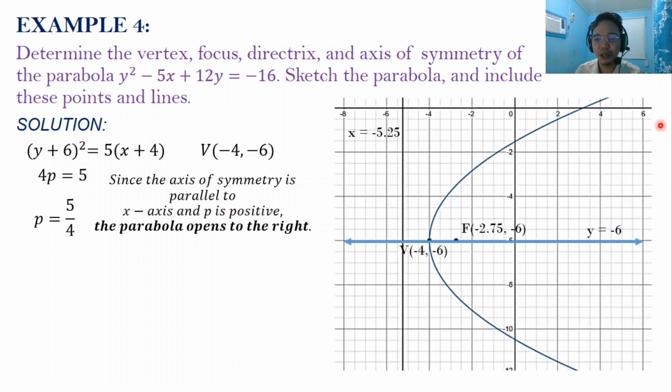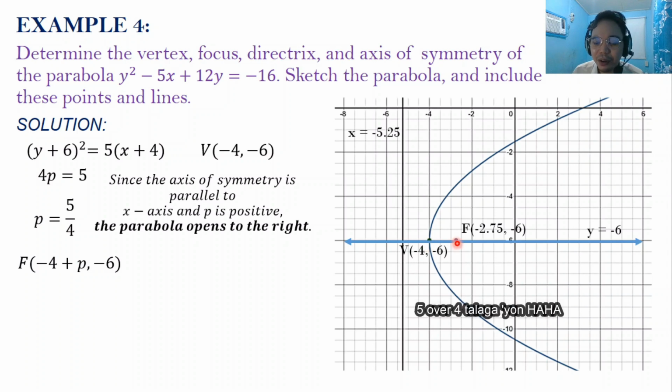So, makikita na natin dito yung graph. Our parabola opens to the right. Here is our vertex, negative 4, negative 6. Ito yung focus natin, negative 2.75, negative 6. Paano natin nakuha ang 2.75? If we're going to move from the vertex going to the focus, how many units? That is 5 over 4. Madadagdagan ng 5 over 4 yung abscissa ng focus natin.